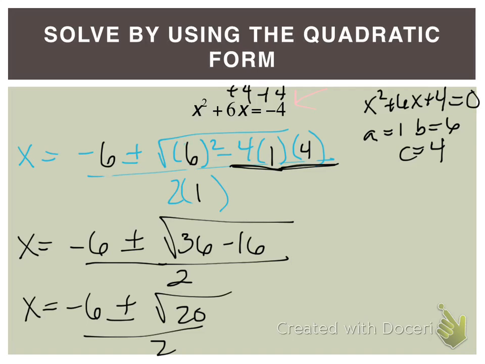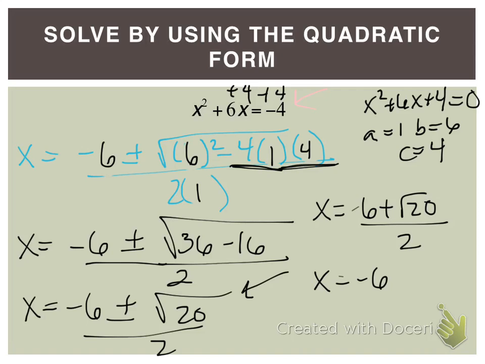And now we could either simplify this fraction or we could make it into our two equations. So we got x equals negative 6 plus the square root of 20 over 2, and x equals negative 6 minus the square root of 20 over 2. So when I type this in my calculator for the first one, I'm going to type in negative 6 plus the square root of 20, press my equal sign, then divide it by 2.